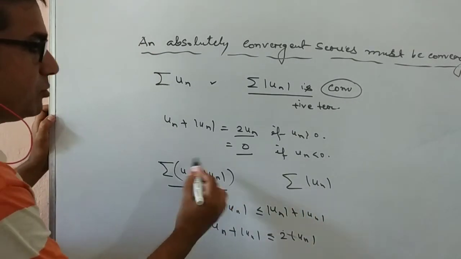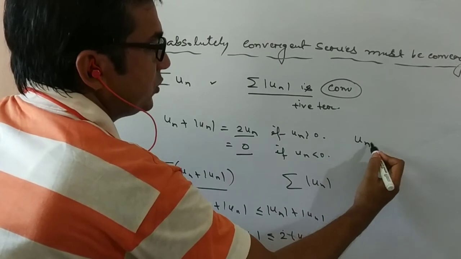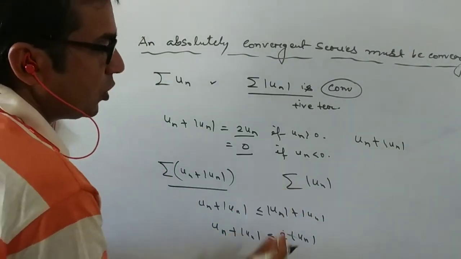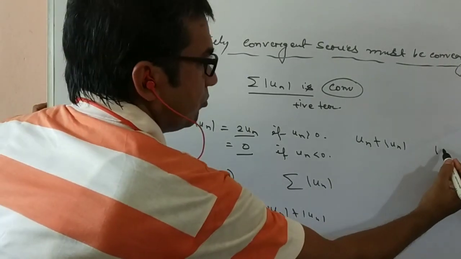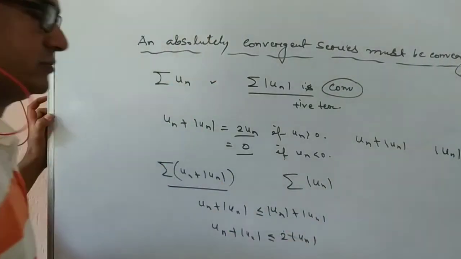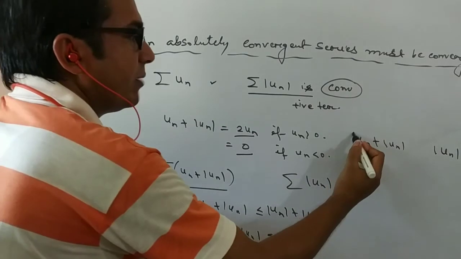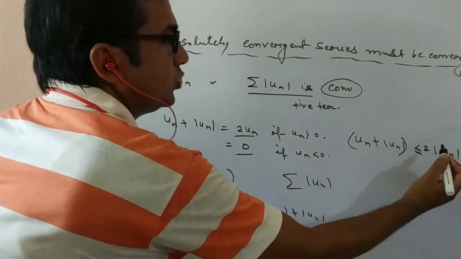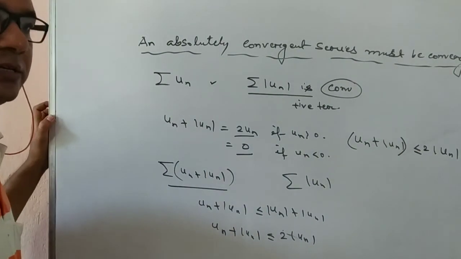the general term of this series is un plus mod un and the general term of this series is mod un, and we have this less than or equal to 2 into this, right?